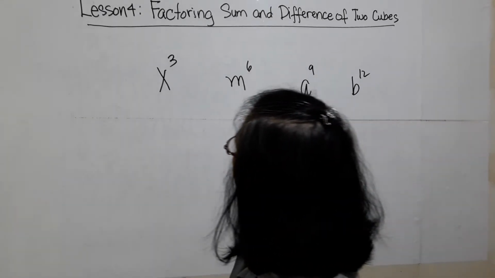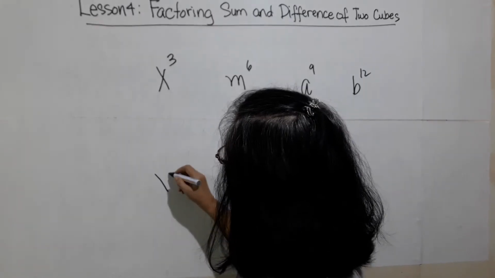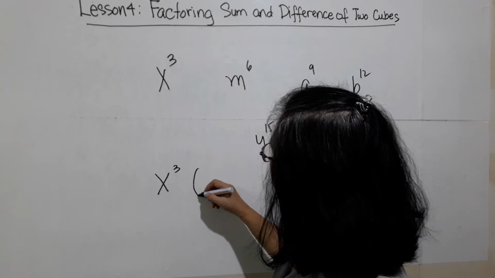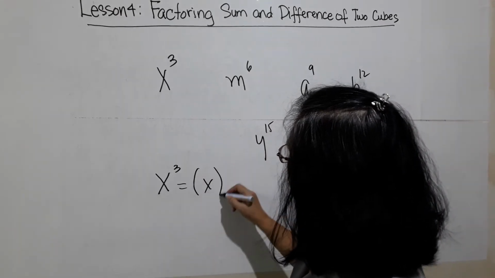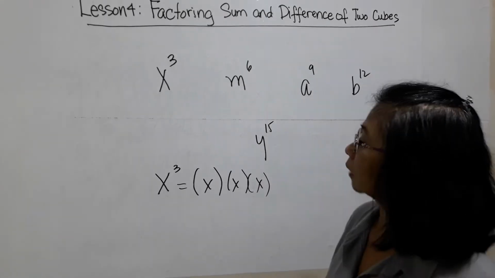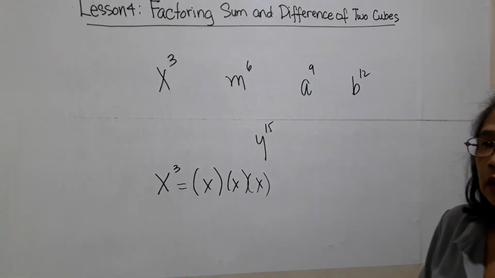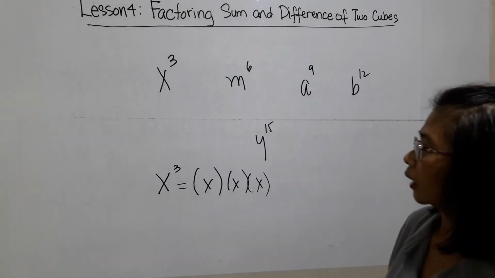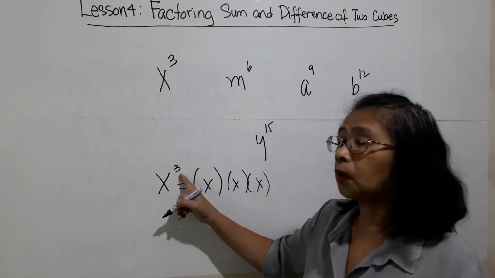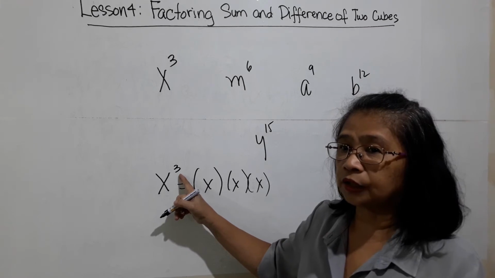So I can say that x cubed is x multiplied by itself three times. When I ask, what is the cube root, the exponent 3 is read as cube.